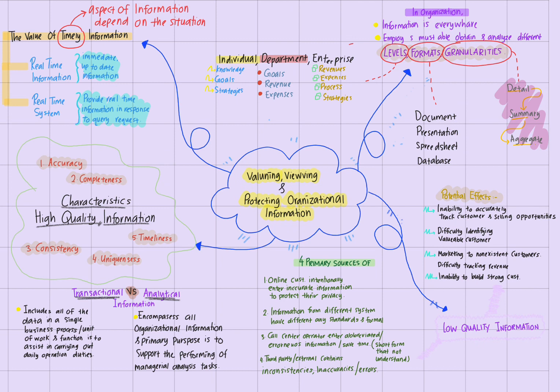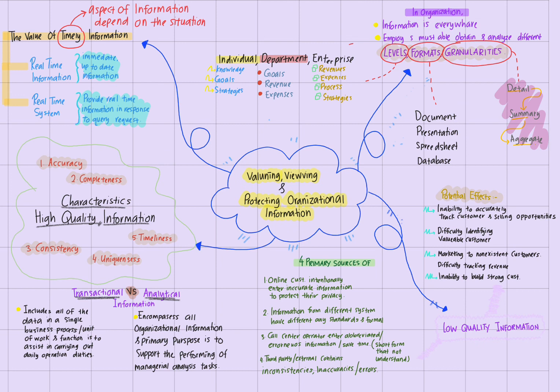Number two is difficulty identifying valuable customer. Number three, inability to identify selling opportunities. Number four, marketing to non-existent customer. Number five, difficulty tracking revenue due to the incorrect invoice. And number six, inability to build strong customer relationship.